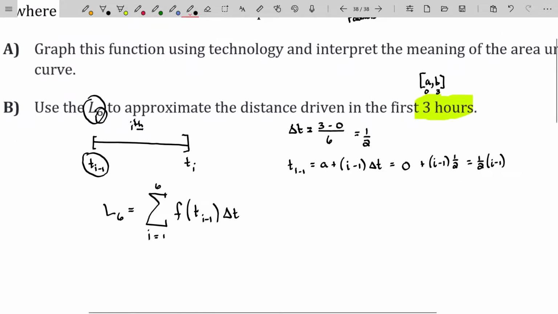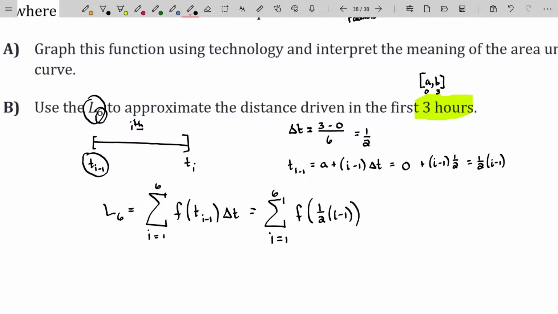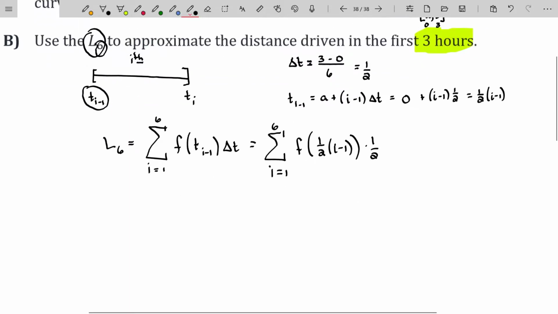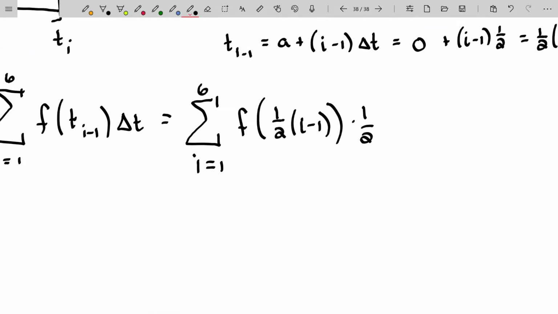Okay. So really we're looking at this summation. The summation i equals 1 to 6 of f evaluated at 1/2 times i minus 1, times 1/2. Remember that 1/2 can be factored out of this summation because it doesn't rely upon the index i. So I'll write that out front.